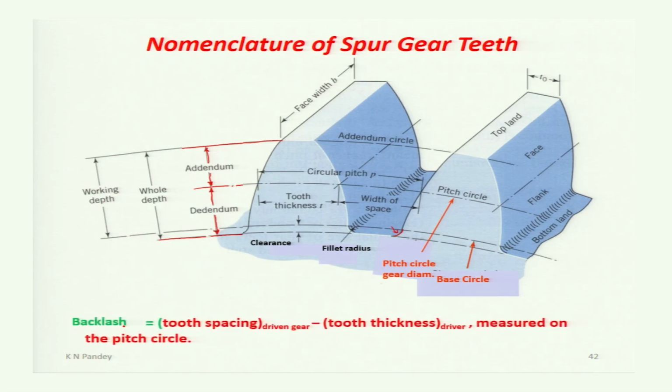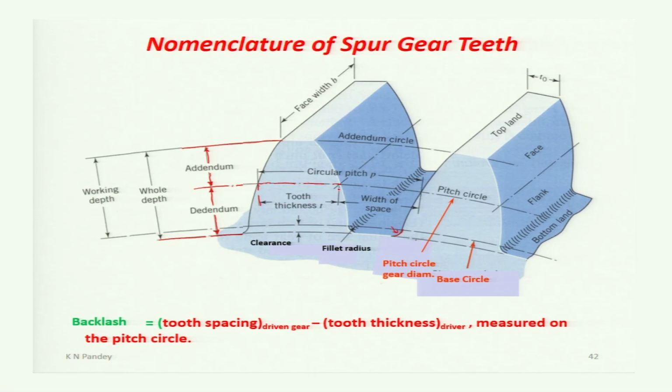Now the term is the backlash. The tooth spacing of the driven gear minus the tooth thickness of the driver is called the backlash. That means along the pitch circle, this thickness of the gear tooth is called the tooth thickness.